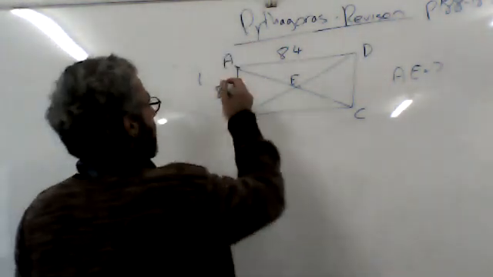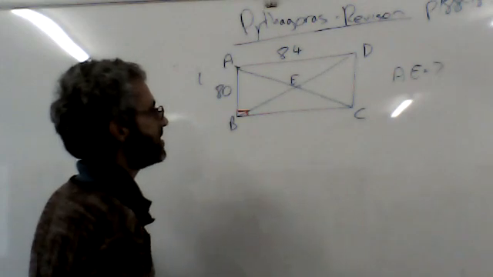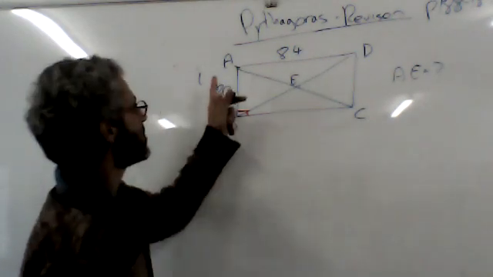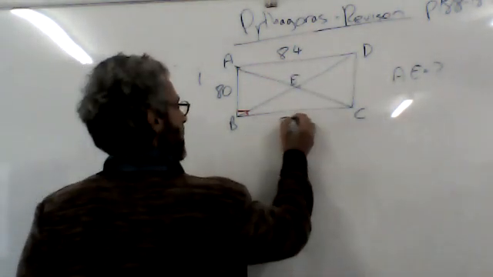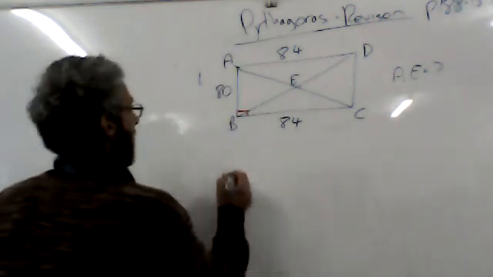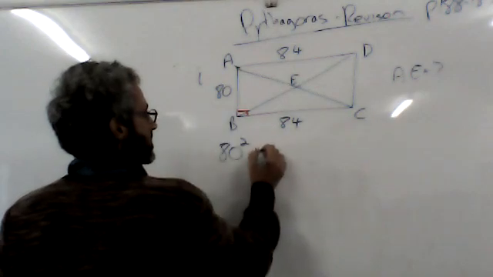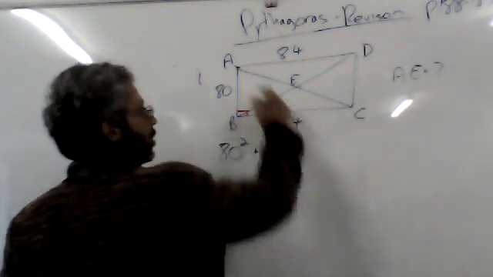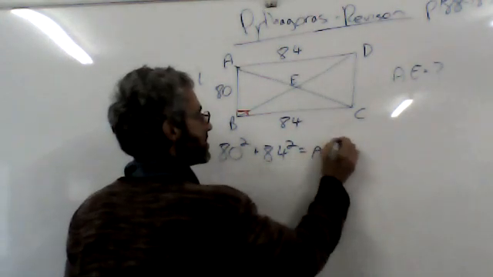So I know that this is 80, but I don't know what BC is. Well, I do know, because AD is 84. So I know that this is 84 as well, opposite sides in a rectangle, okay? So I know that 80 squared plus 84 squared should be equal to the square of the hypotenuse, which is AC squared.